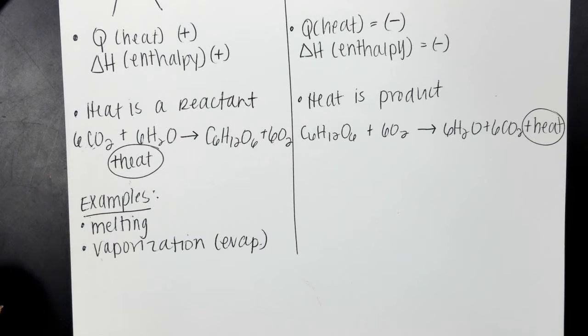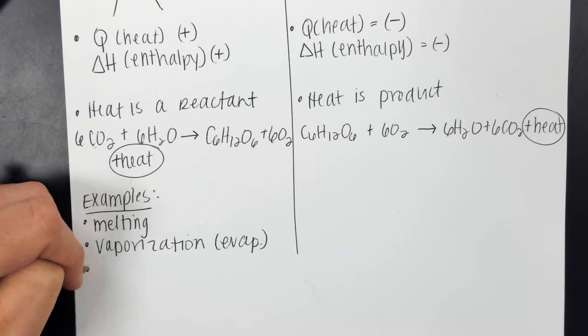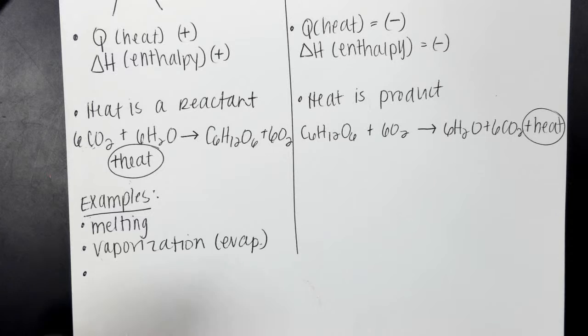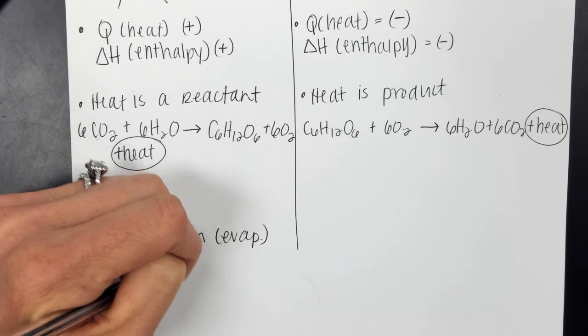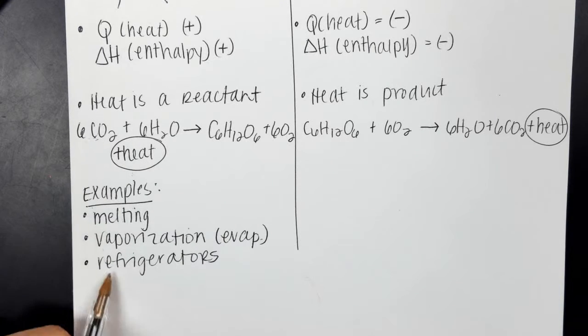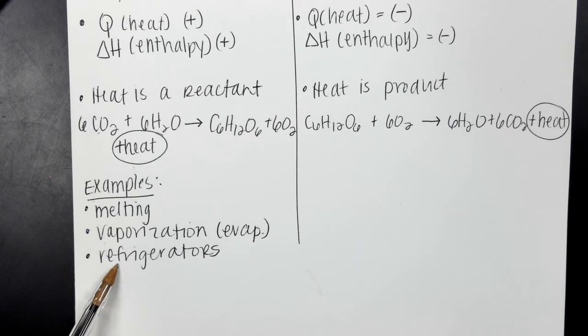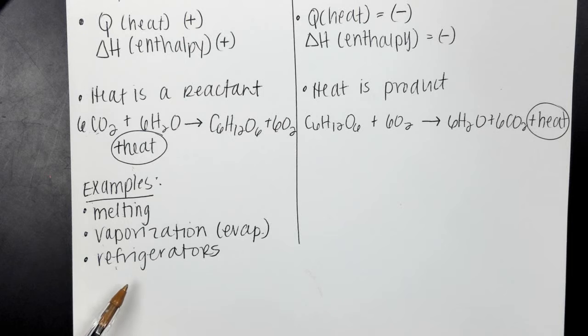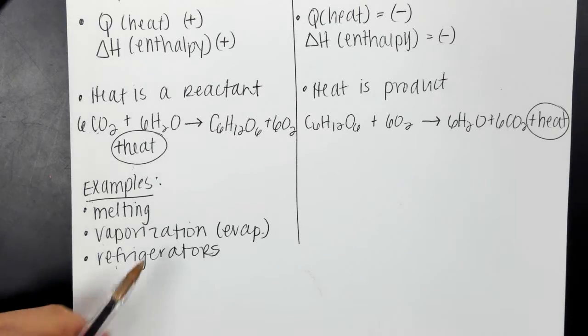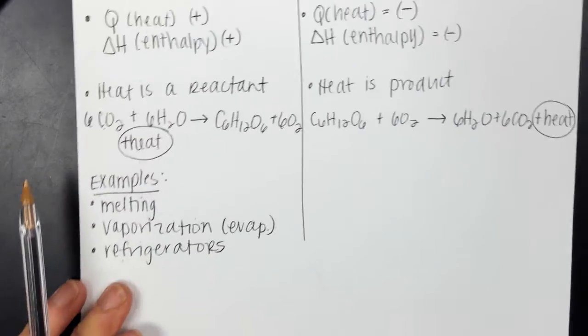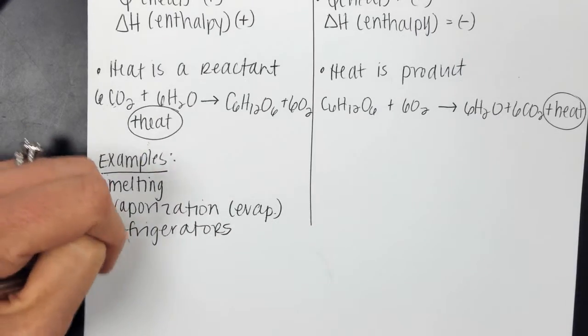Those are endothermic. Other examples of things that absorb energy from the surroundings are refrigerators. I don't know the whole physics and mechanics of it, but that's how a refrigerator works. It is not pumping cold air into the fridge. It is removing the energy, removing the heat from the air, and that's why it feels cool. Okay, and then photosynthesis.